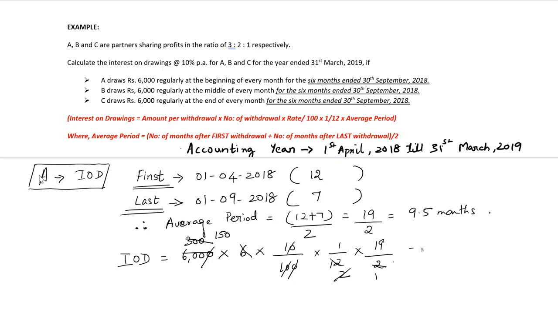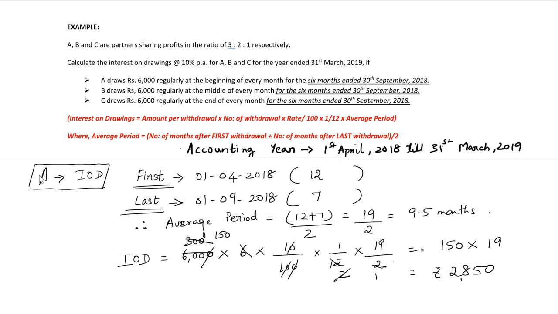The answer for interest on drawings is 150 into 19, which is rupees 2850. So this is interest on drawings for A.